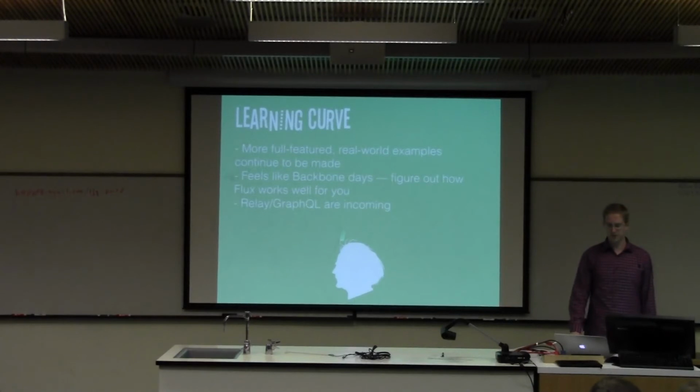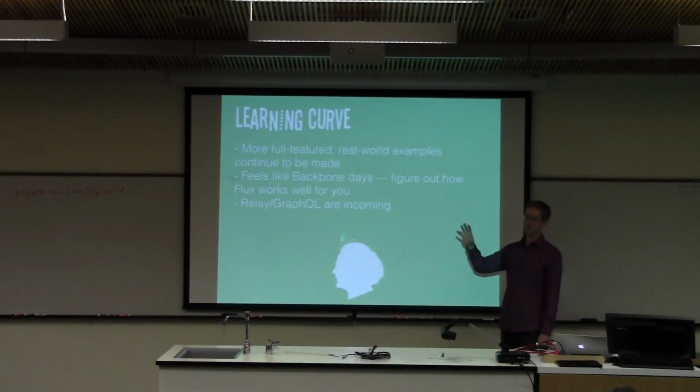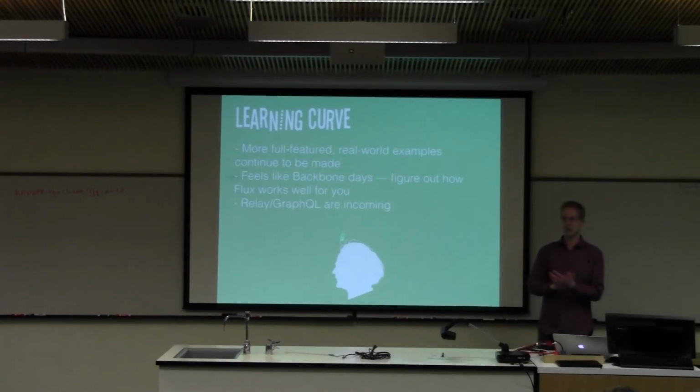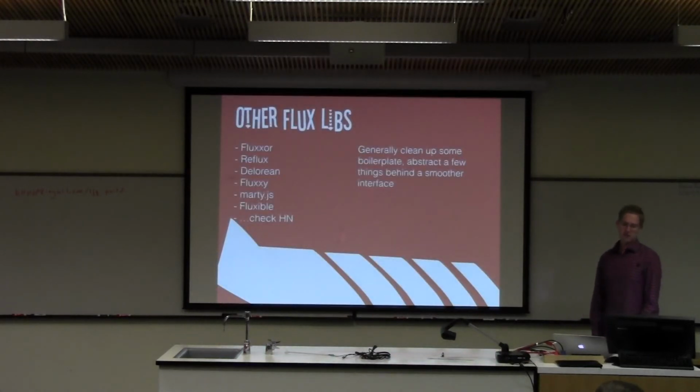I think they're saying Flux is still a thing, but Relay gives you a lot. One stark difference is Relay will have one store that everything will talk to, and GraphQL is a way for you to say, on your components, here's all the data that this component needs, in a declarative way inside the component. It also requires a backend that's compatible with GraphQL as a strategy.